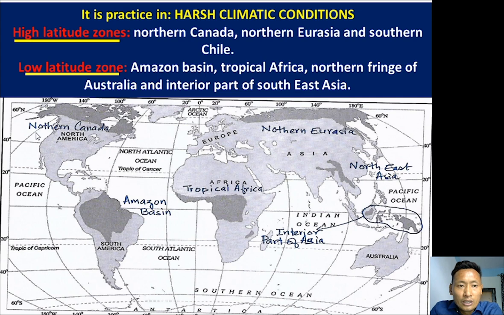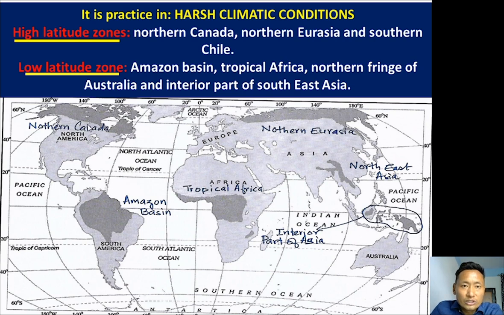Near the north and south poles, which are high latitude zones, because of the inclination of the sun's rays we have low temperatures. That means these are very cold zones.